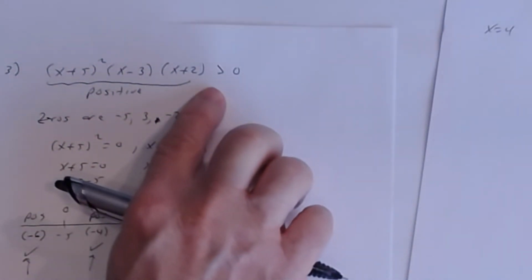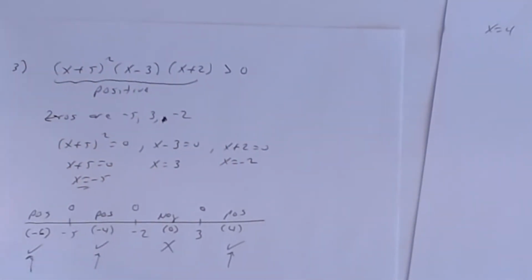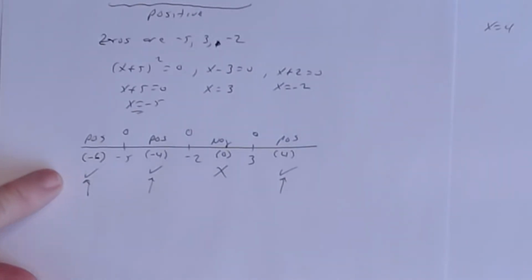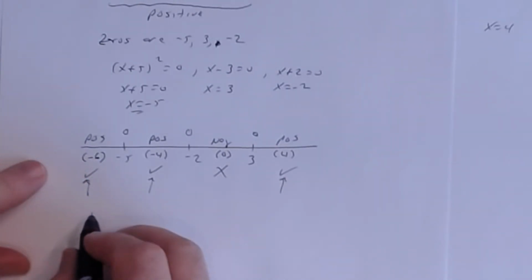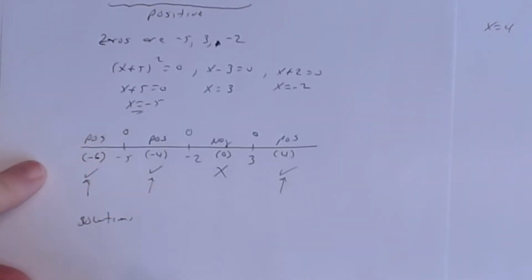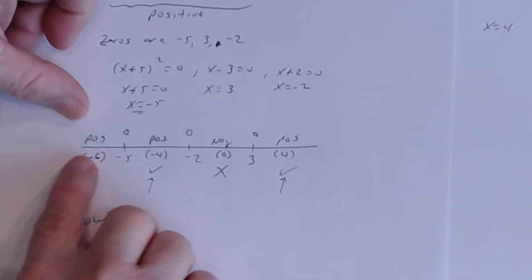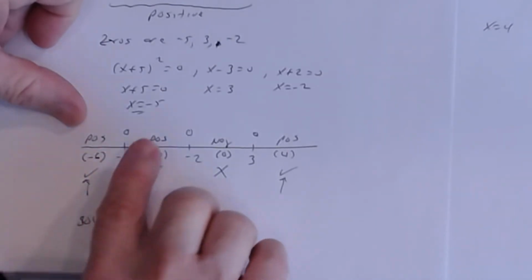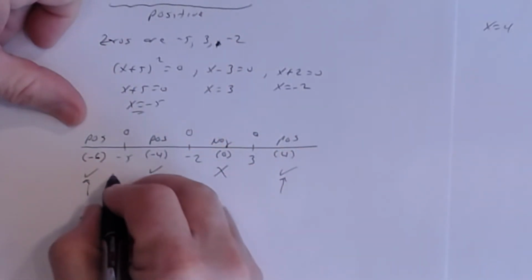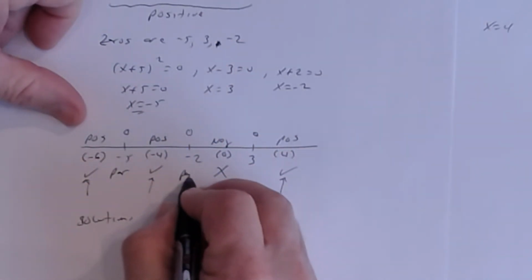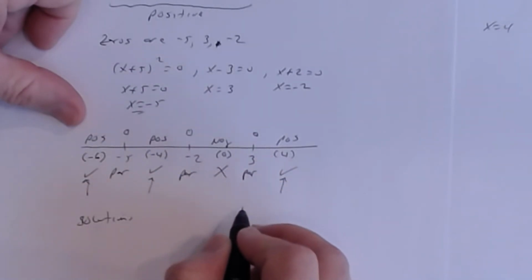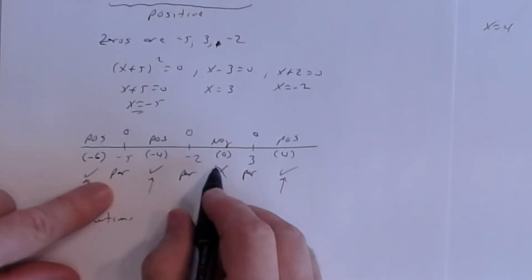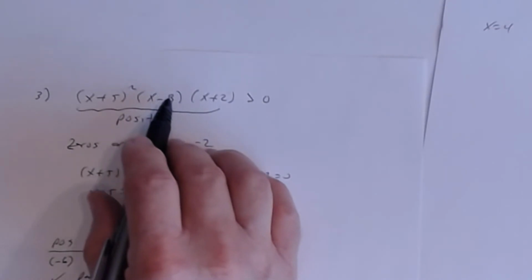Okay, now we got to be careful because I have 3 intervals here, but there is no equal sign. So here's how you have to be careful with this. Now here's how you can write your solution, and you got to understand why we do it this way. So your solution, you're going to say negative infinity to negative 5. Now remember, there's no equal sign, right? So we have to put parentheses, parentheses, parentheses, parentheses, because negative 5, negative 2, and 3 are not solutions.